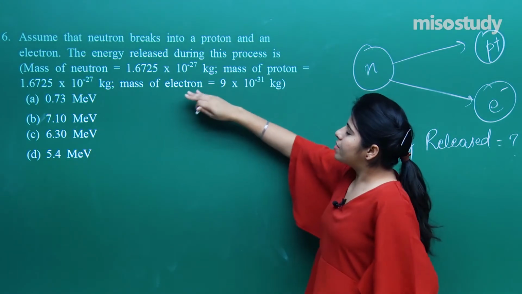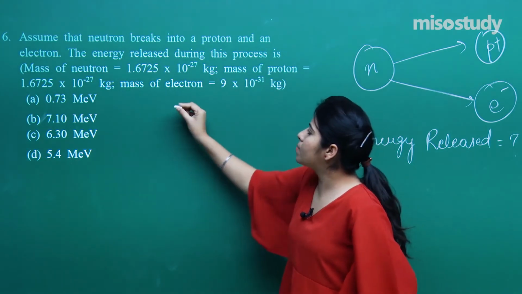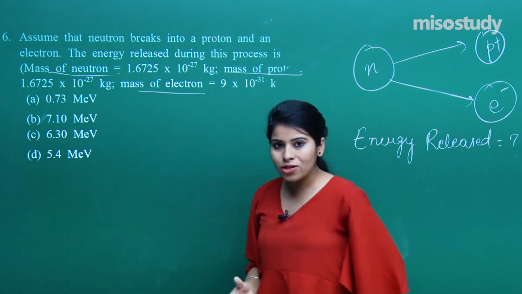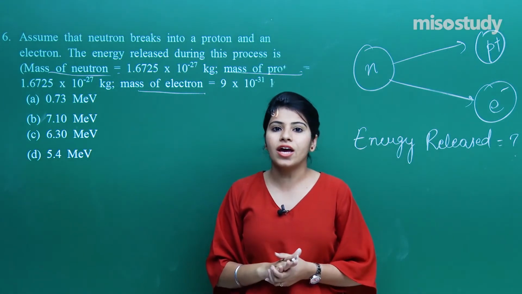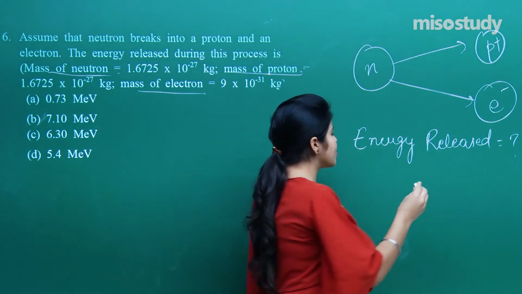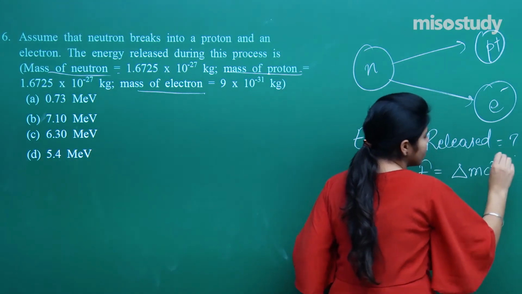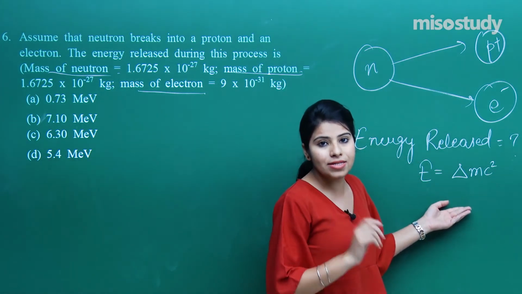Okay, I can see that the mass of neutron has been given, the mass of proton has been given, and the mass of electron has been given. So I know that we have one formula related to energy and mass, and that formula is none other than E equals delta M into C square, where delta M is nothing but your mass defect.